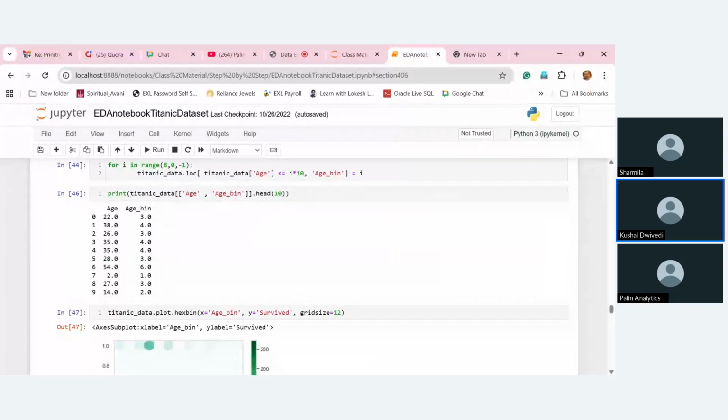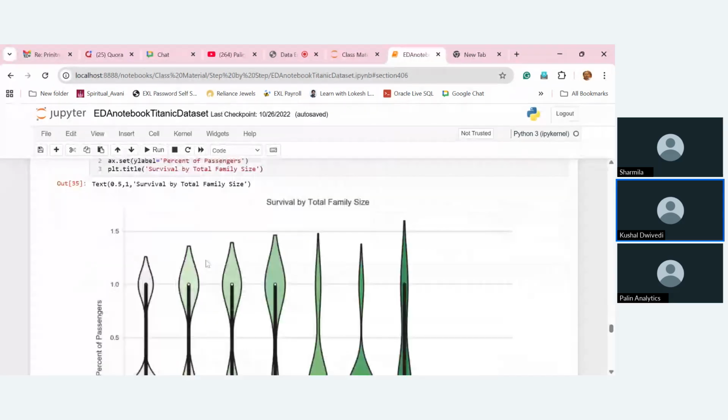Suppose a person is of age 22, he is in bin 3. If a person is of age 38, he will be in bin 4. A person from 0 to 10 years is in age bin 1. Like that, bins are created.